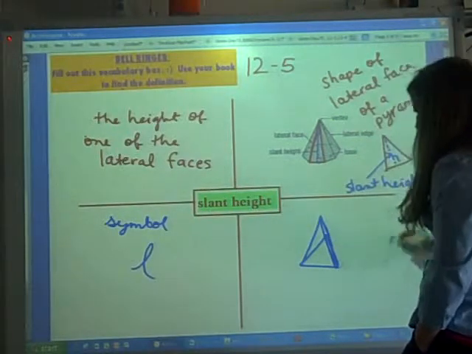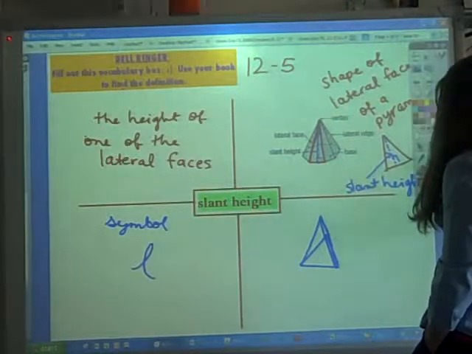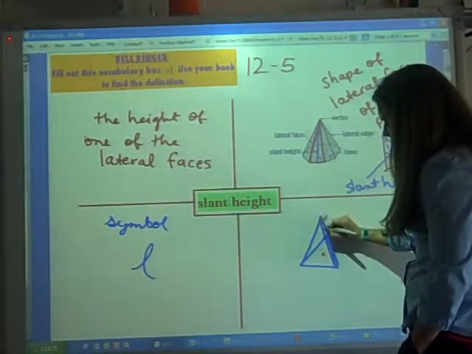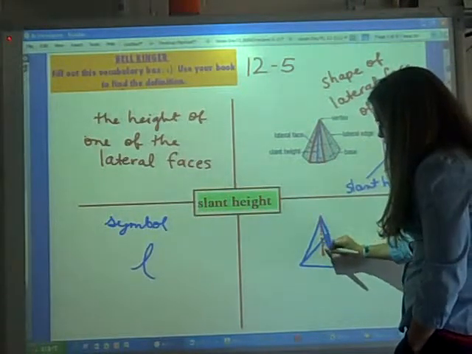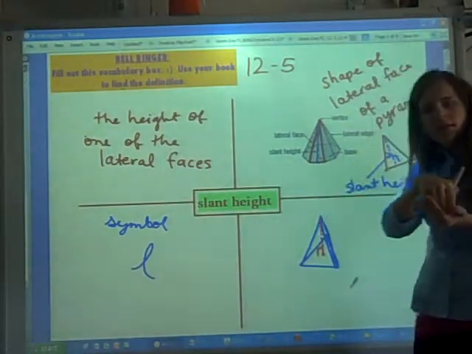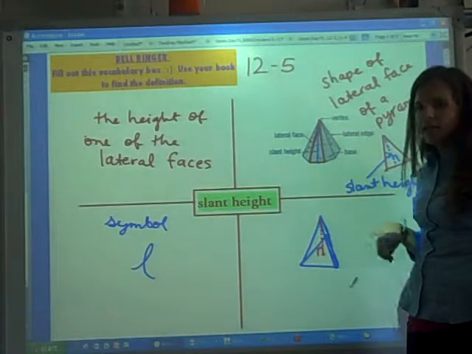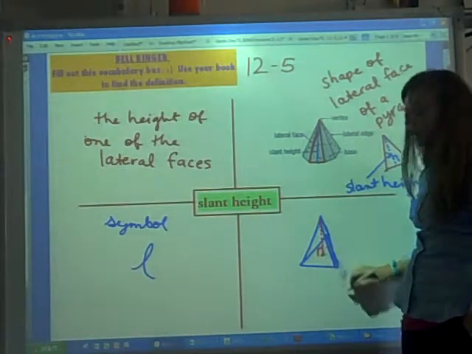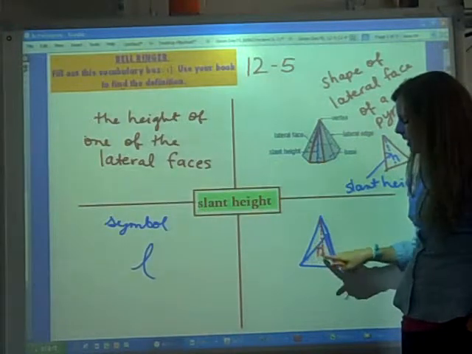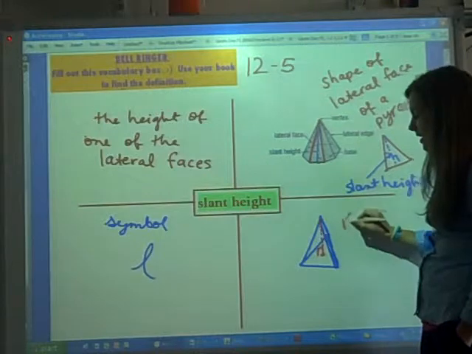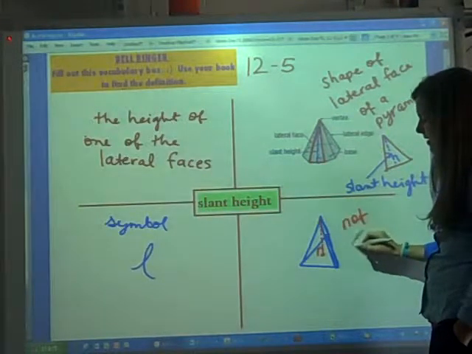What I want you to notice here for the non-example, draw a height or an altitude that goes straight down, like from that vertex straight to the ground, and it's going to hit right in the middle of the base. This is the actual height of a pyramid. That red piece is not your slant height.